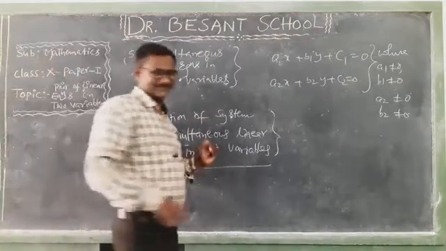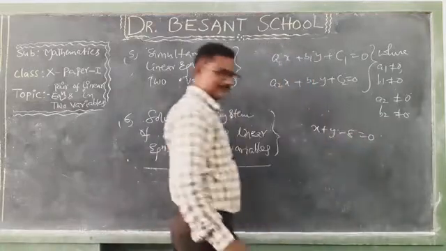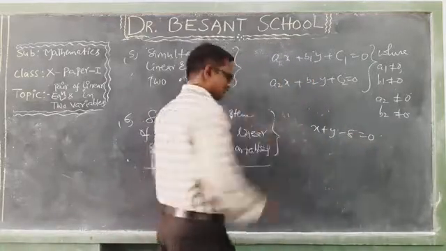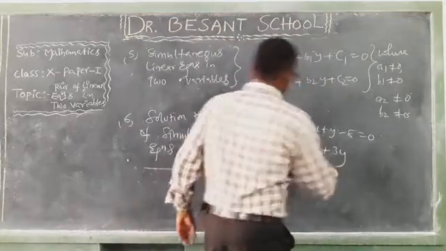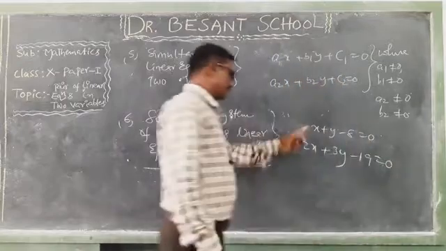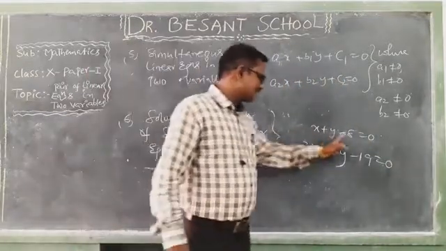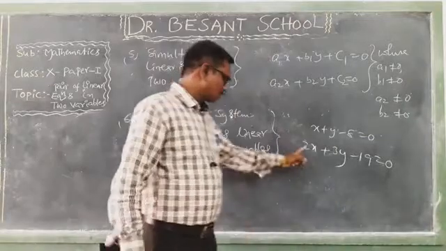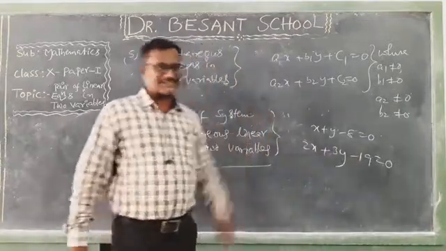Let me give one example. x + y - 8 = 0 and 2x + 3y - 19 = 0. Observe this system. A pair of values of x and y.